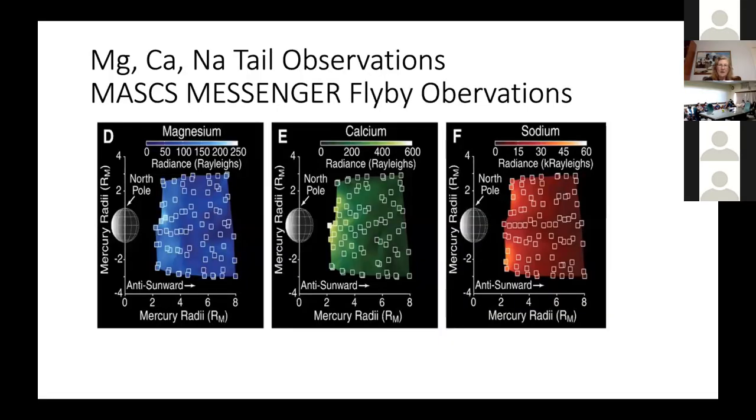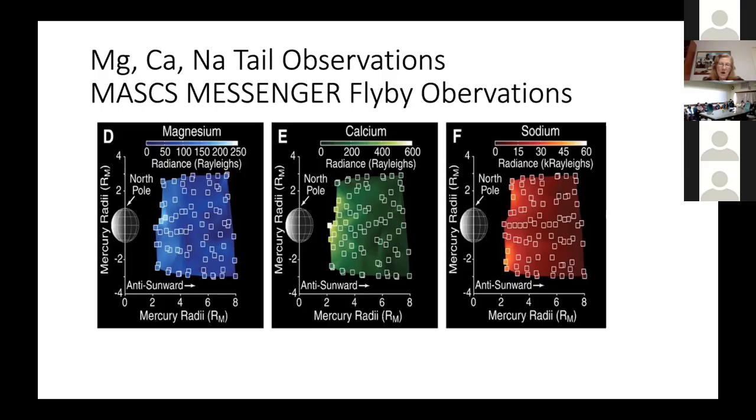So the first thing that was measured by MASCS at MESSENGER was the tail of the escaping atoms. And we routinely looked at magnesium, calcium, and sodium. But in our first observations, we immediately saw that these different species are very different in the way that they're seen.